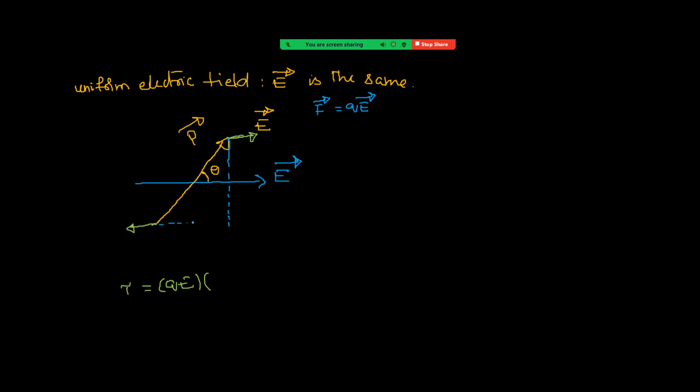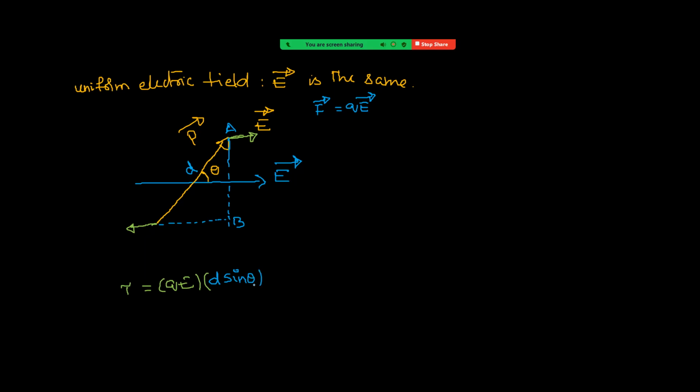Now join like this. If distance is d between the charges, then this is separation. Let me call it AB. Then AB length equal to d sine theta.